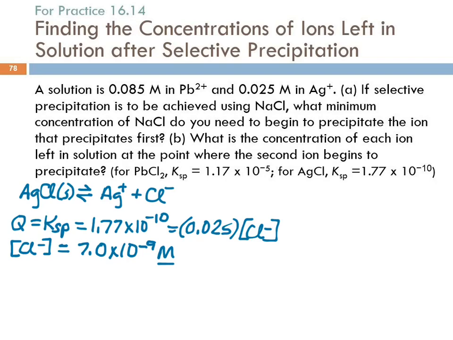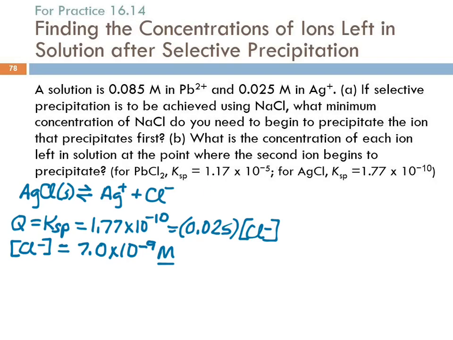Now the second part: what is the concentration of each ion left in the solution at the point where the second ion begins to precipitate? Well, we need to find the point at which the second ion begins to precipitate. So we're going to do this same calculation for lead to find out what that concentration is.